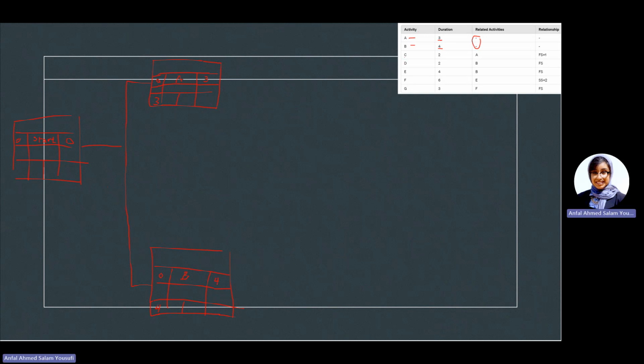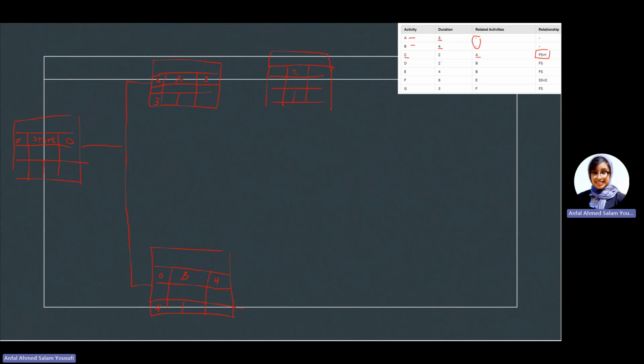Let's do C. C, the predecessor is A, meaning it would be good if I can draw my C somewhere in here. And here. So besides C, the predecessor is A. Then let's see what is the relationship in here.